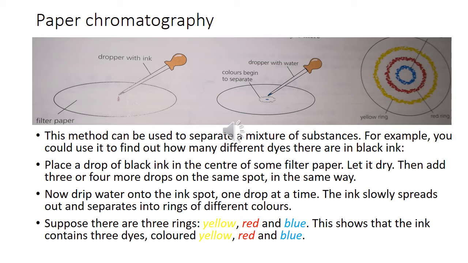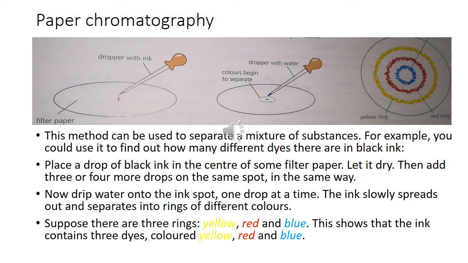Now drip water onto the ink spot, 1 drop at a time. The ink slowly spreads out and separates into rings of different colors. Suppose there are 3 rings: yellow, red and blue.